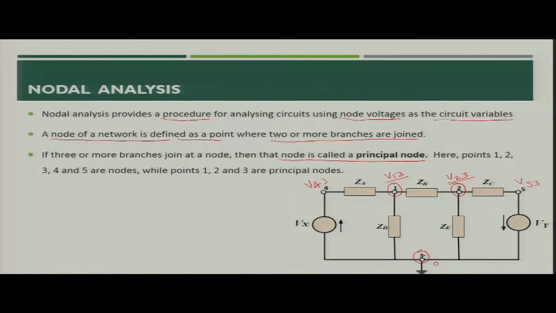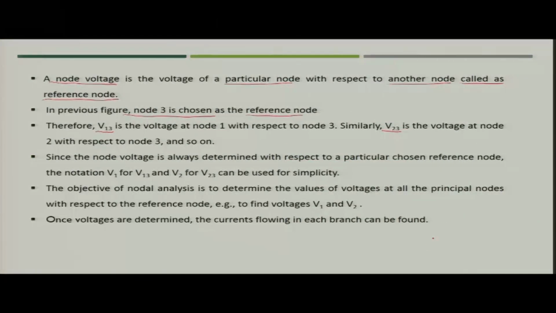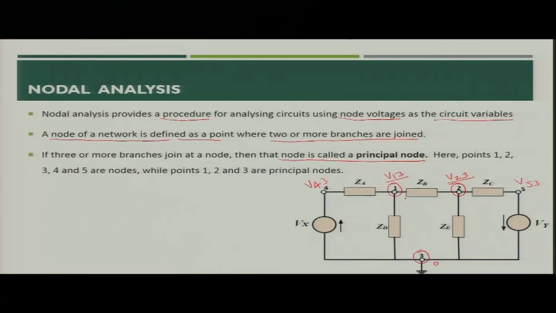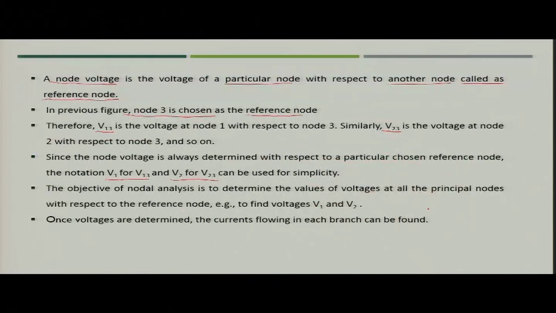Since we know node 3 is the reference node, for simplicity we can write V1 in place of V13 and V2 in place of V23, because this is always with reference to the reference node. So V1 and V2 would be the node variables, basically the circuit variables for this particular circuit.